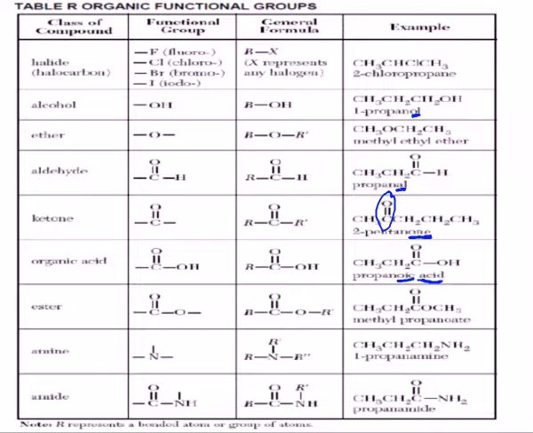An ester. So you've got an ester and you've got an ether. I'll tell you the way to remember that in a second. An ester, similar to an organic acid, except now, instead of an OH hanging off, it's got O connected to another carbon. So you've got all these O's in the middle. Methylpropanoate. There's your ending for an ester, -oate.